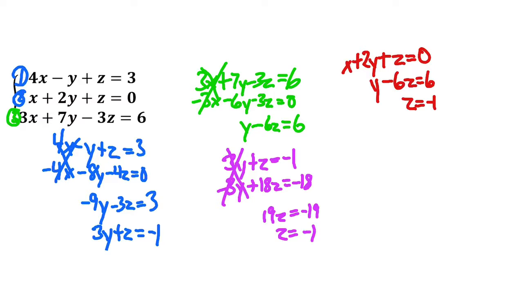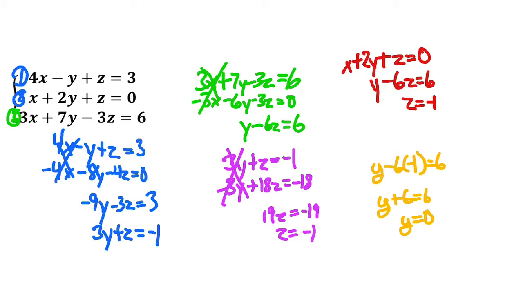Since I know z is negative 1, if I want to figure out my value for y, I would just go y minus 6 times negative 1 equals 6. That means y plus 6 equals 6, and obviously any number plus 6 that equals 6 means that y is going to equal 0.